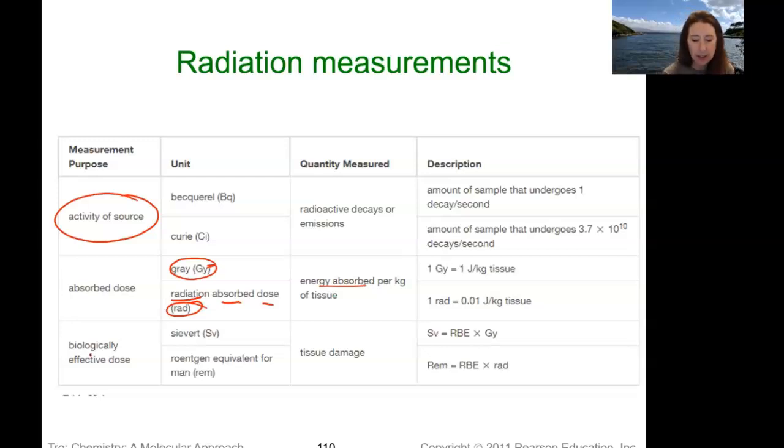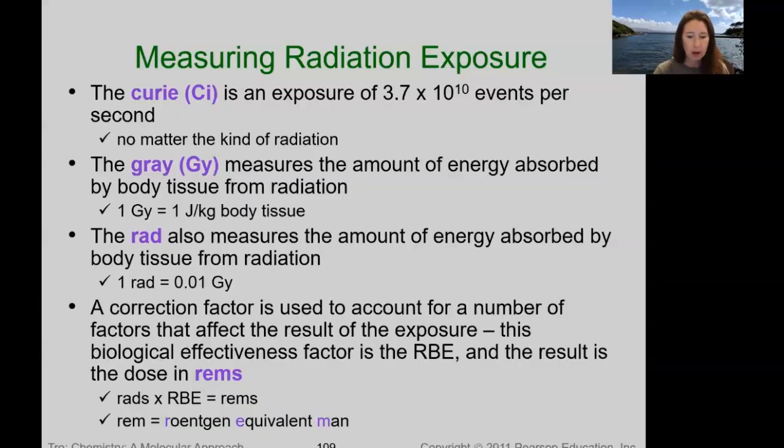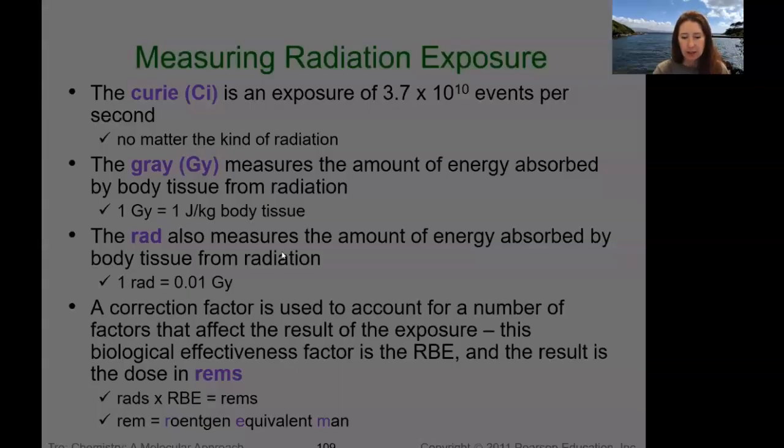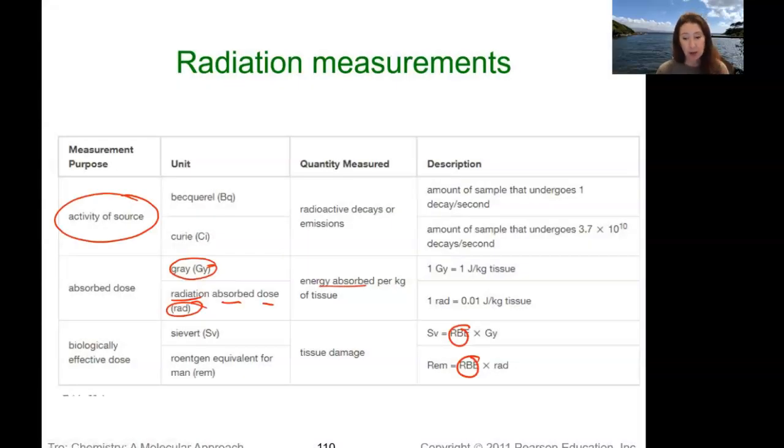And then you have the biologically effective dose, which takes into account the RBEs, the relative biological effectiveness, meaning how much alpha, beta, or gamma affects the tissue. And again, this is like when we did torrs and atmospheres for pressure: we had all those units, just different units.